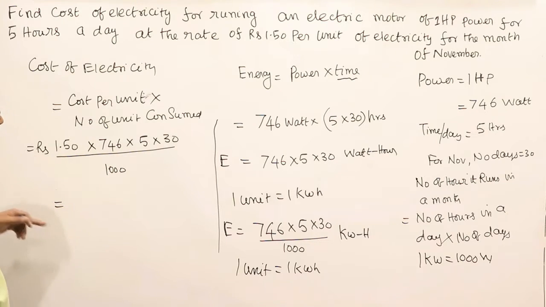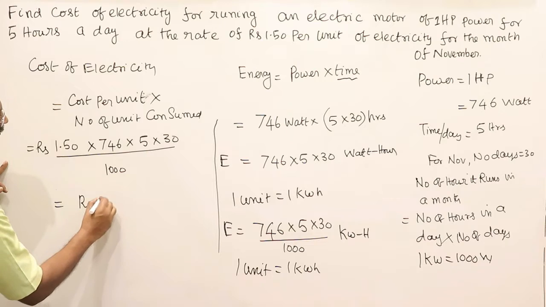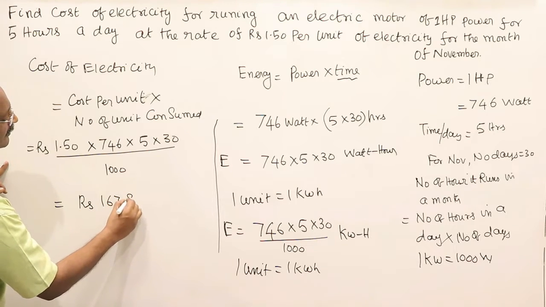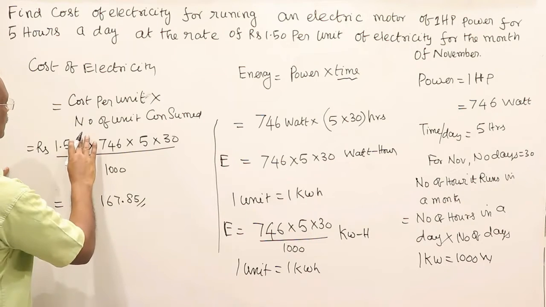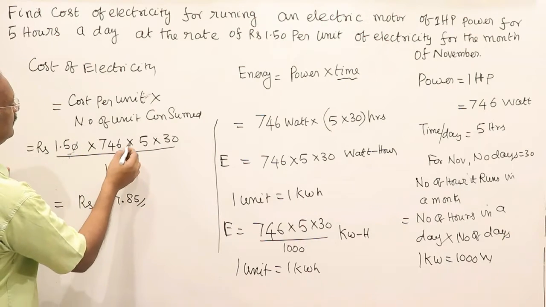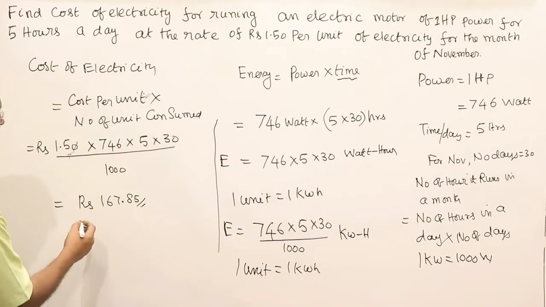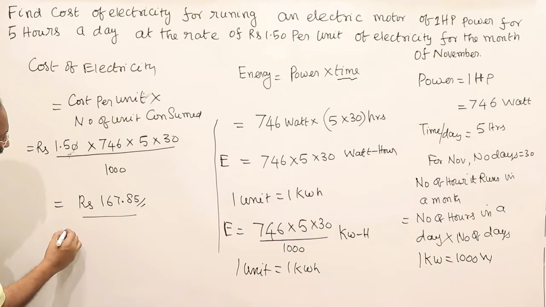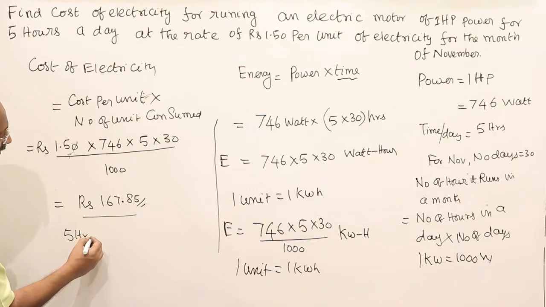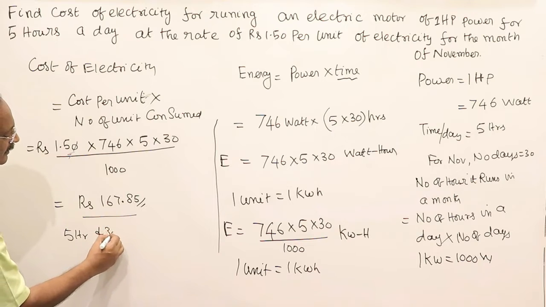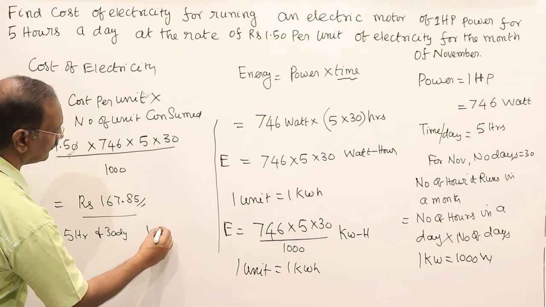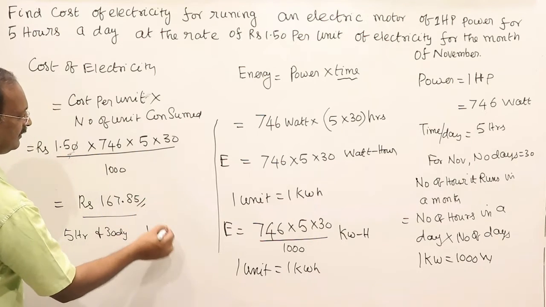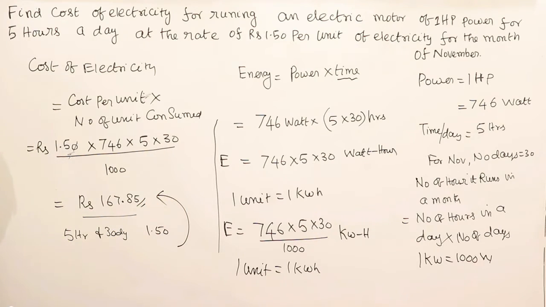The calculated value comes out to be rupees 167.85. It means if a motor is running for 5 hours a day for 30 days with a per unit rate of 1.5 rupees, then the electric bill comes out to be 167.85 rupees.